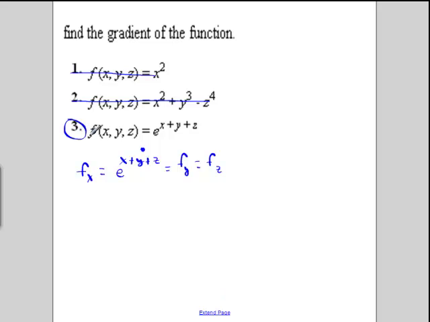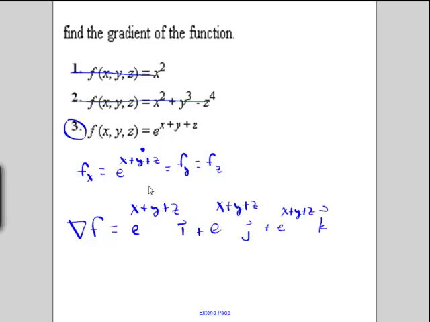So our gradient function, which is the direction of the greatest change, equals e to the x plus y plus z i plus, let me just fill this out. So this is interesting because each of the i, j, and k components are the same, and that's due to the fact that their partial derivatives are all the same.